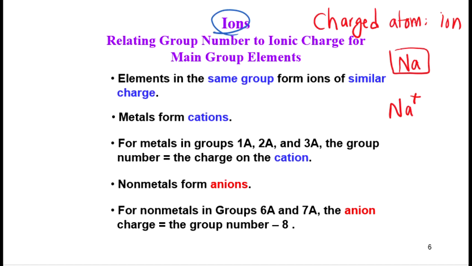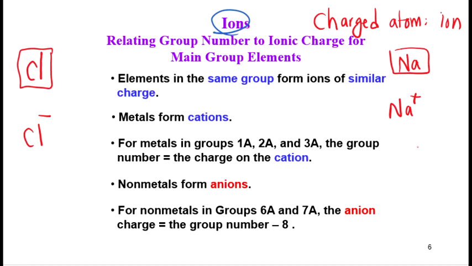We have two types of charges. It means we have two types of ions, positive and negative. Example: Cl is chlorine. So if I write Cl-, it means I'm talking about an ion, a chlorine ion.